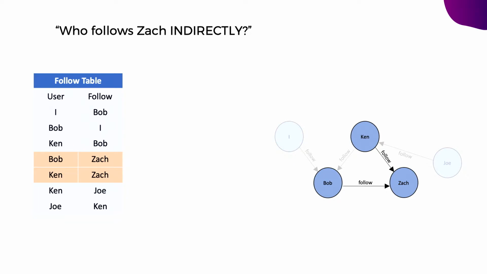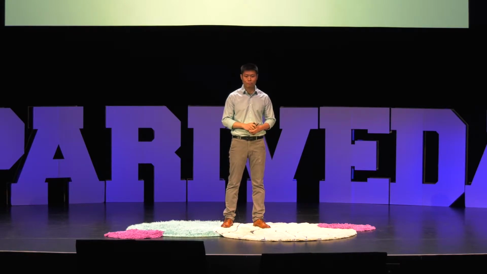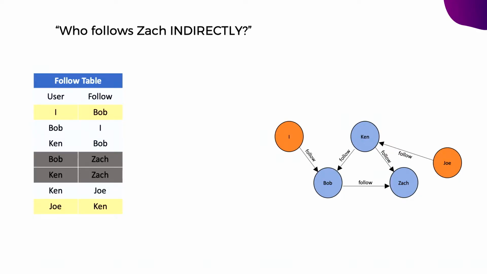But at this point, we again have to find these people's followers. On the graph side, again, we traverse these arrows in reverse to find their followers. On the table side, again, we have to do a scan for each of these users. So as you see, when we add more hops into this problem, we need to add different tiers of scanning.